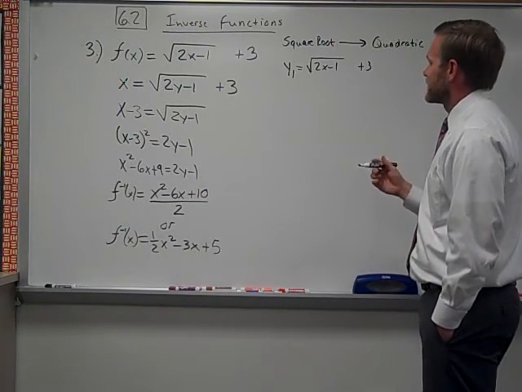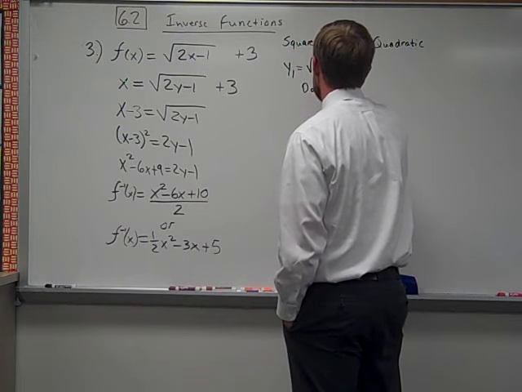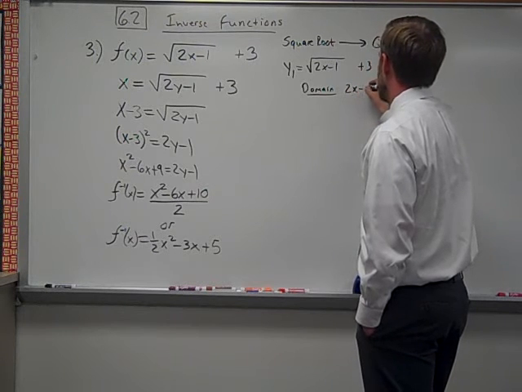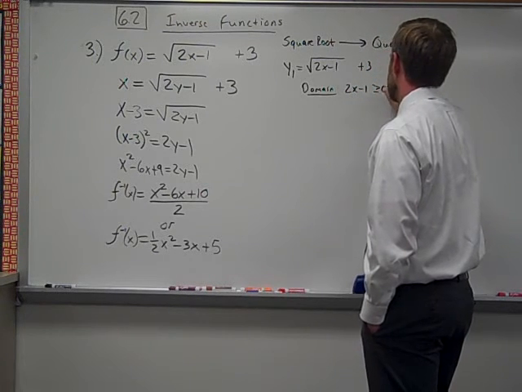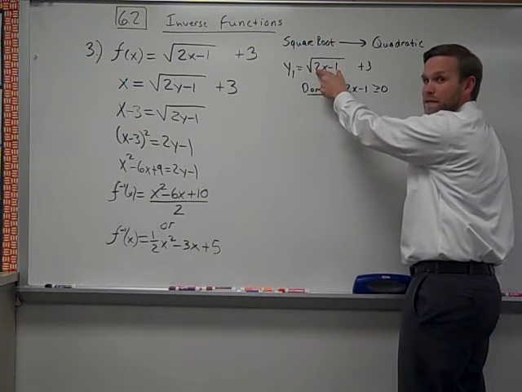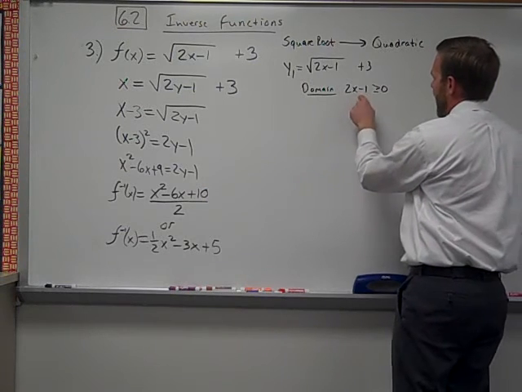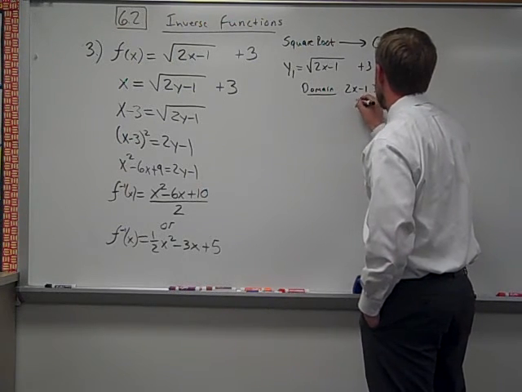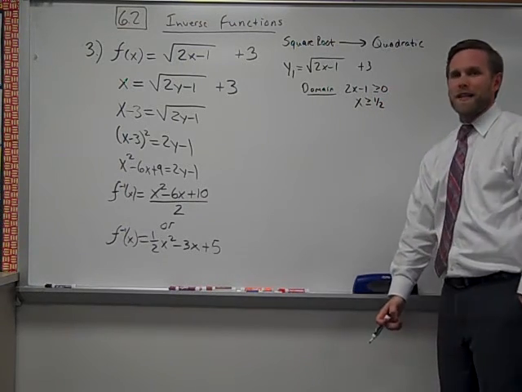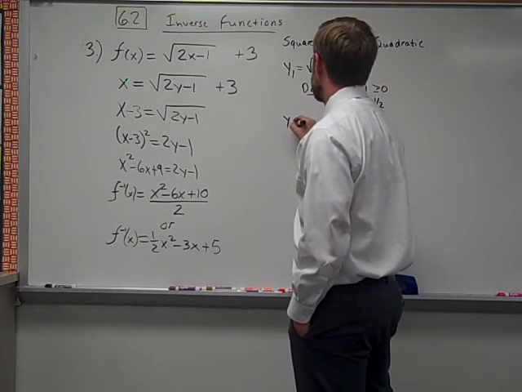So what that means is the domain for this function is 2x minus 1 needs to be greater than or equal to 0, because you cannot, on the calculator, take a square root of a negative number. So here's what we do. We add 1 to both sides, divide by 2, and we get that x has to be any number greater than or equal to 1/2. That's my domain. So when you actually go through and graph the other ones, that's going to be important.